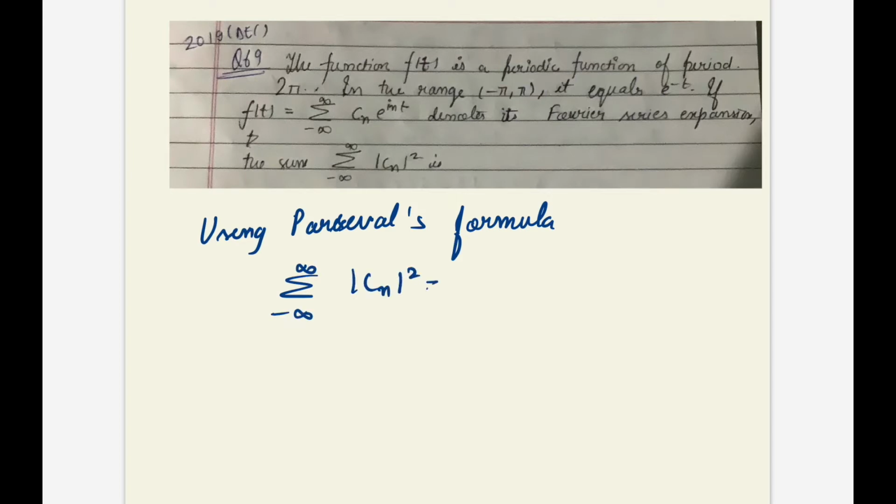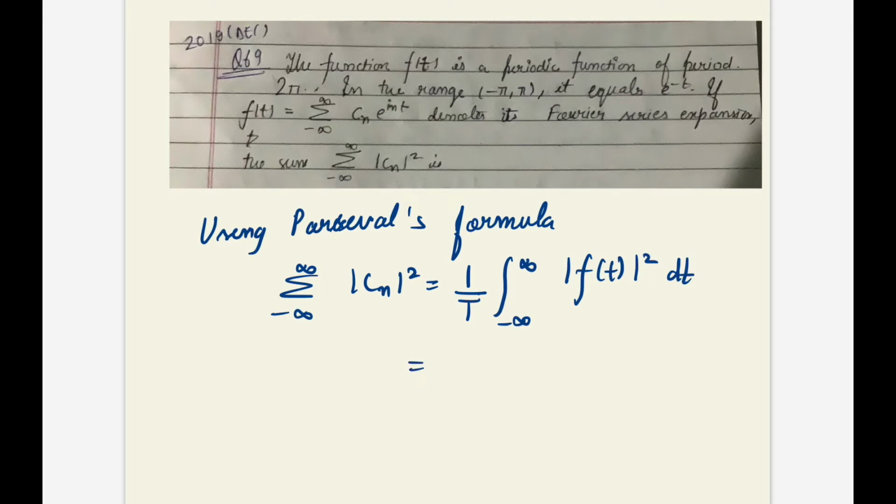In order to determine the sum of the coefficient modulus squared, we will use Parseval's formula. Using Parseval's formula, the summation from minus infinity to infinity of Cn square equals 1 upon T times the integral of f of t square dt.